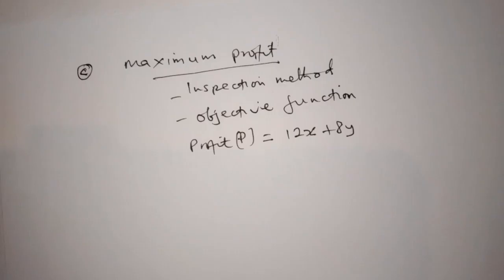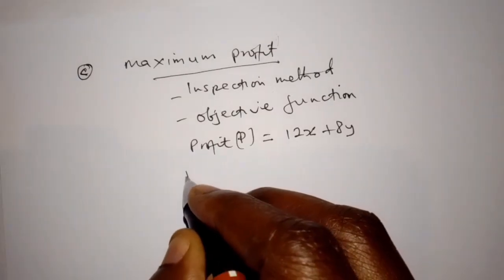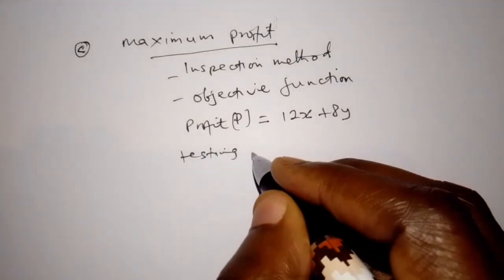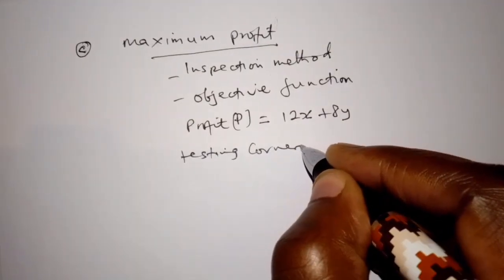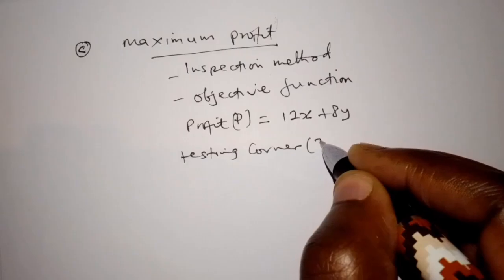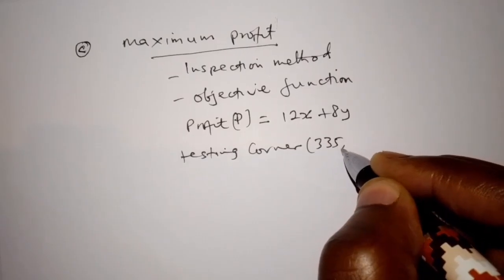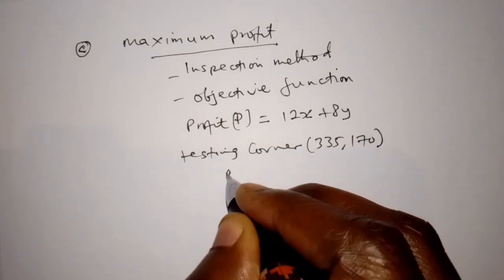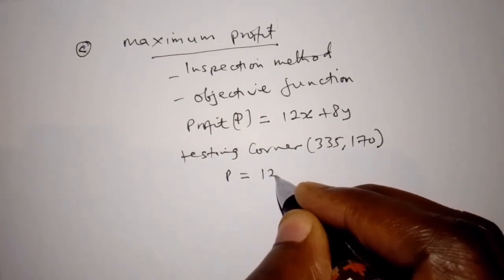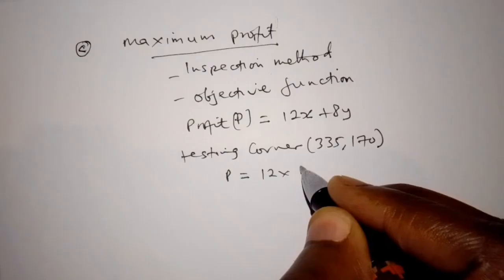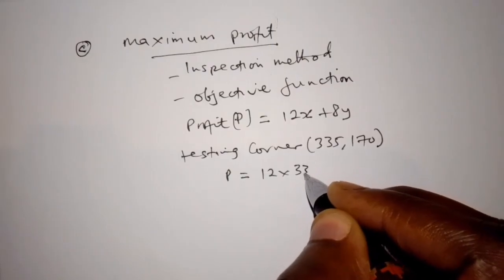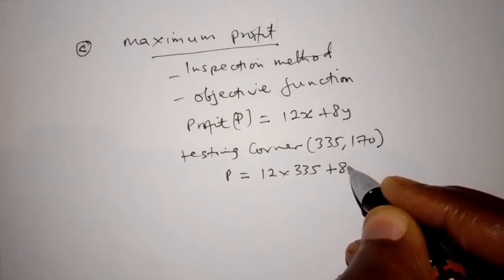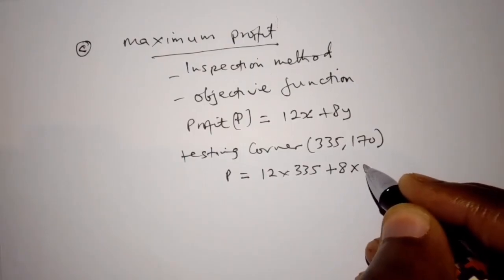So now we are testing corner 335, 170. P is equal to 12 times 335 plus 8 times 170.